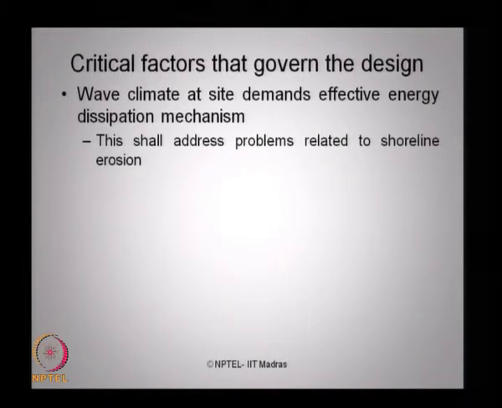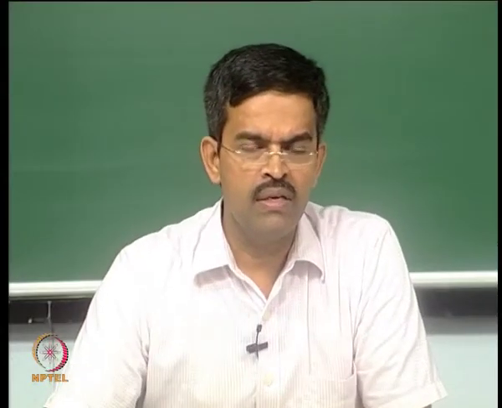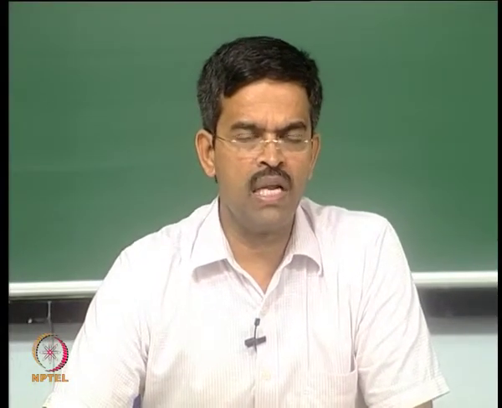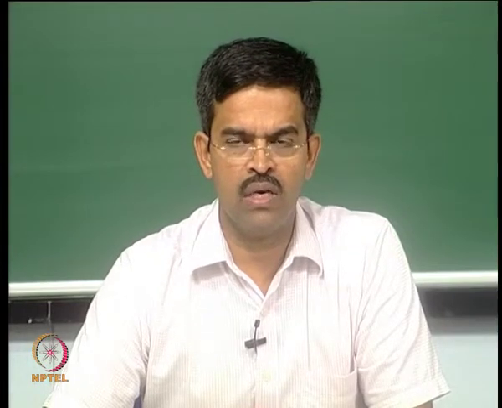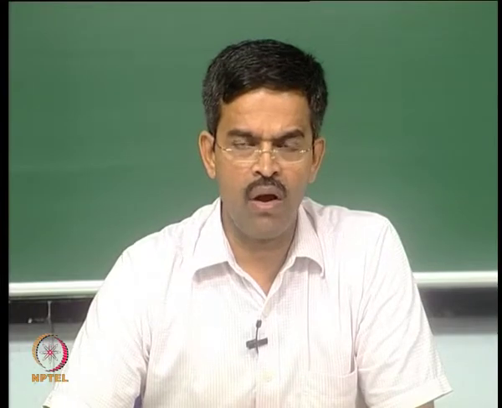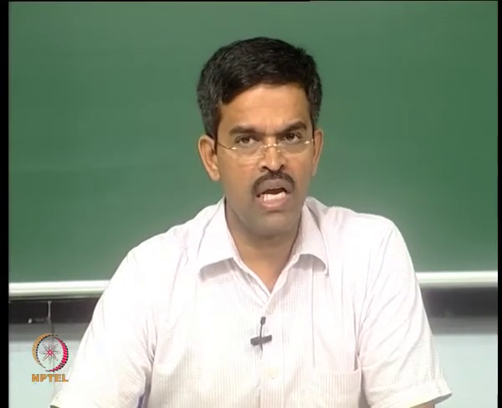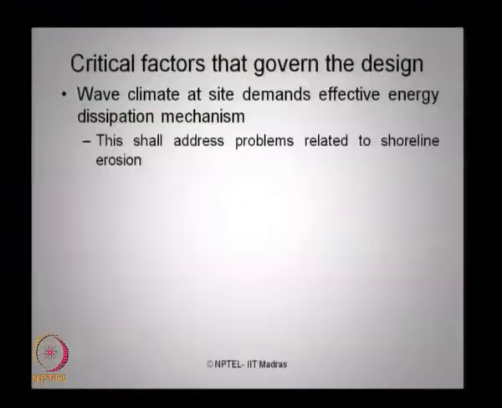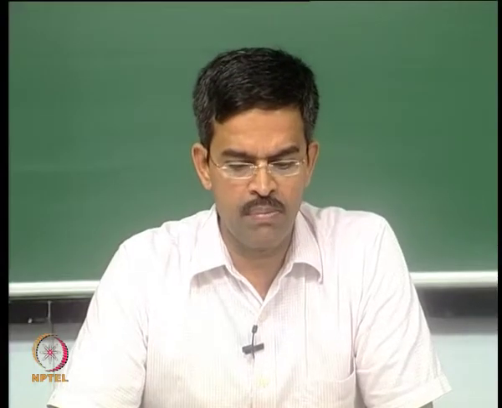The wave climate at this site demands an effective energy dissipation mechanism, because as you saw, from 2007 till 2012 there has been a rapid progress of seawater into the land area, and to stop or retard this kind of sea advancement, we should have a design of embankment which effectively dissipates wave energy, so that further soil erosion or beach erosion is prevented.